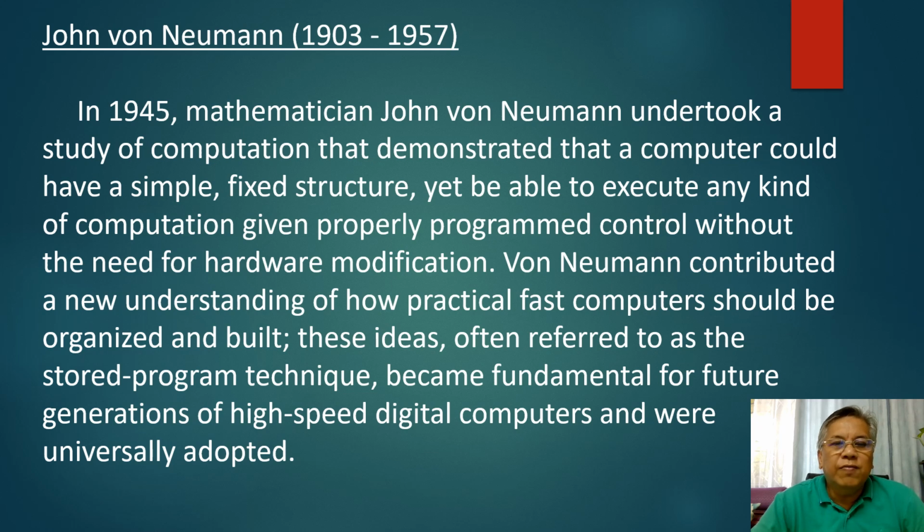So what is von Neumann architecture? In 1945, a mathematician named John von Neumann undertook a study of computation that demonstrated that a computer could have a simple fixed structure yet be able to execute any kind of computation given properly programmed control, without the need for hardware modification.